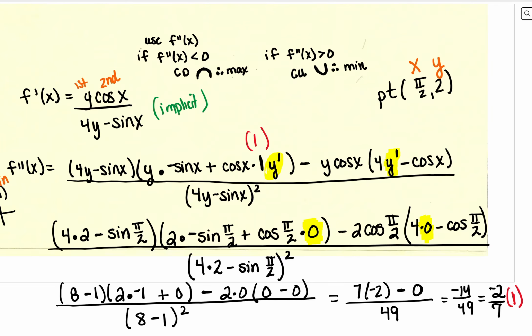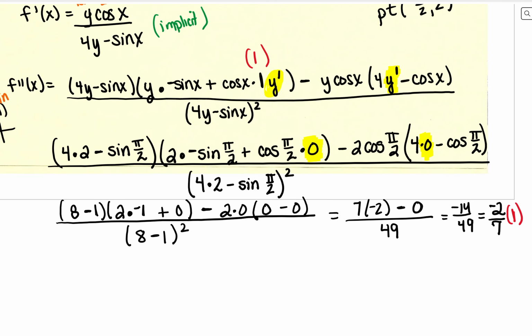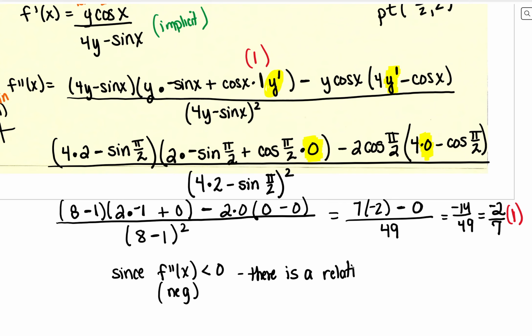All right, now we're also going to decide that since the second derivative is less than 0, or negative, there is a relative minimum.